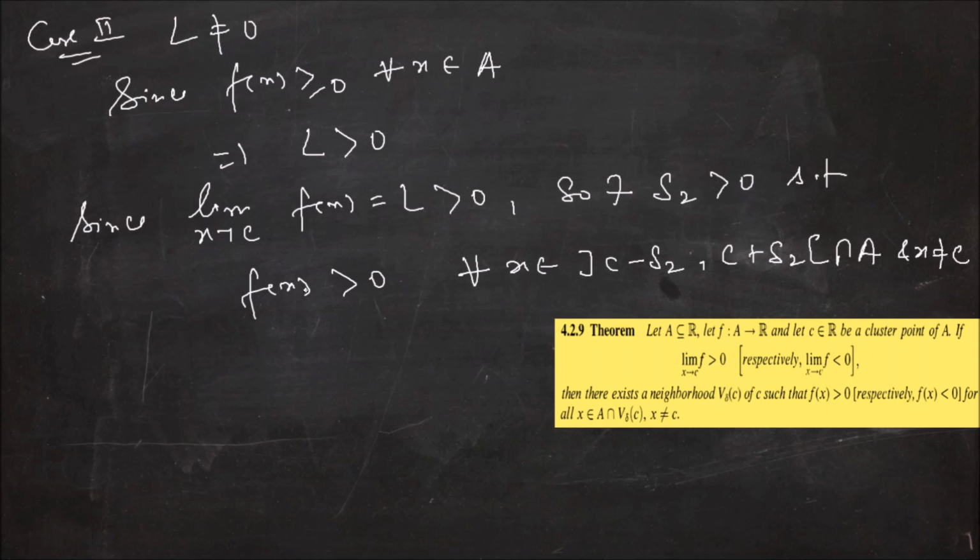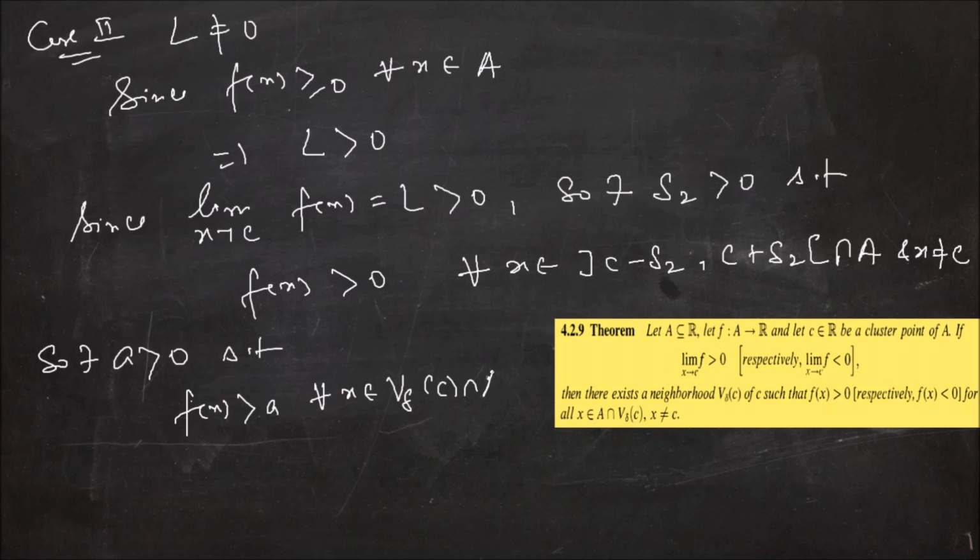Now because f x is greater than 0 for every x in this, we can choose some a greater than 0. So there exists a greater than 0 such that f x is greater than a for every x in V delta c intersection A and x not equal to c. So mark this as a.